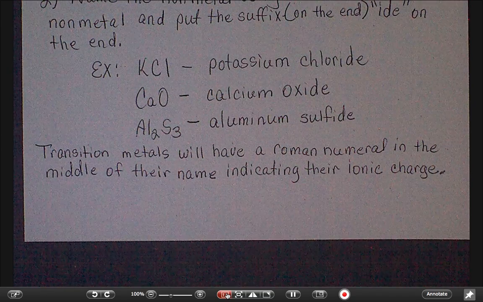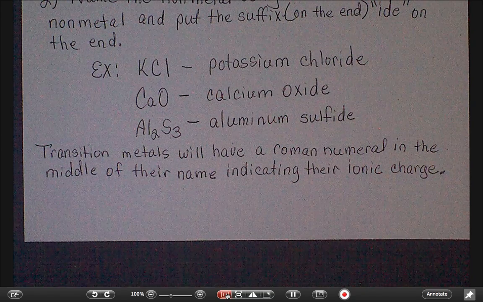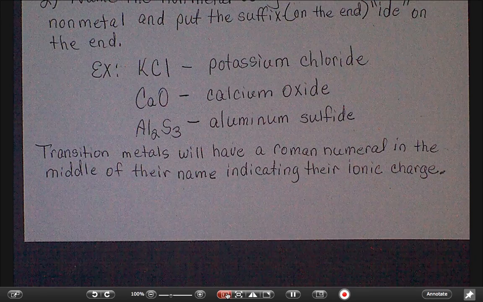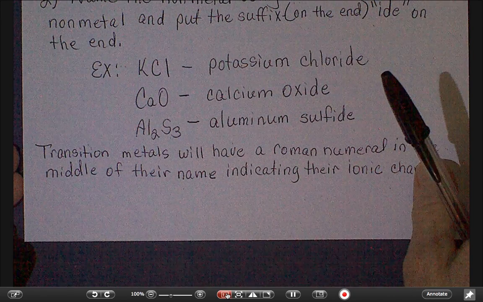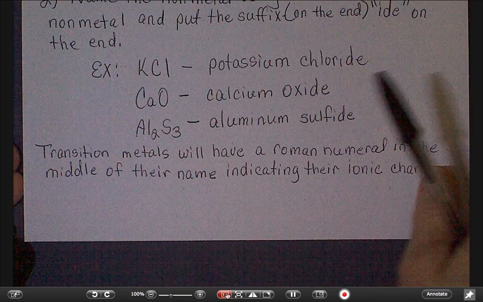I'm going to do 3 examples. Everybody finished? Okay, 3 examples. Finish up the notes.